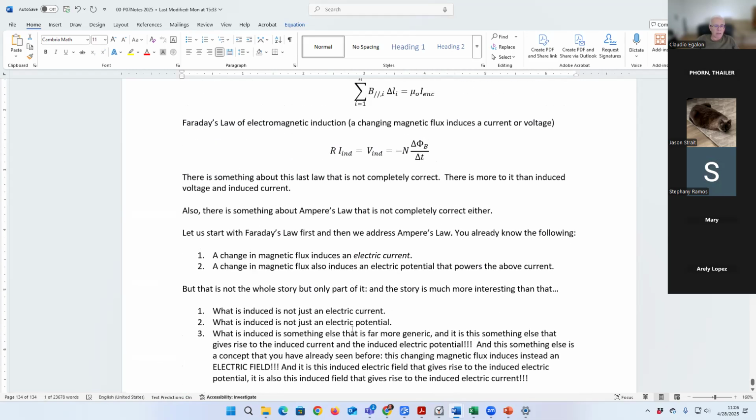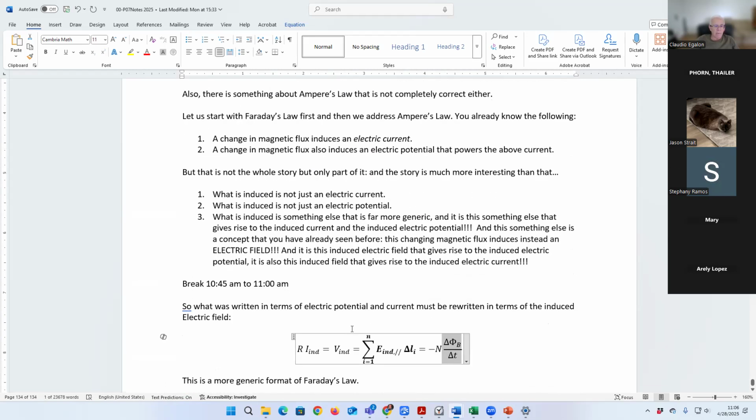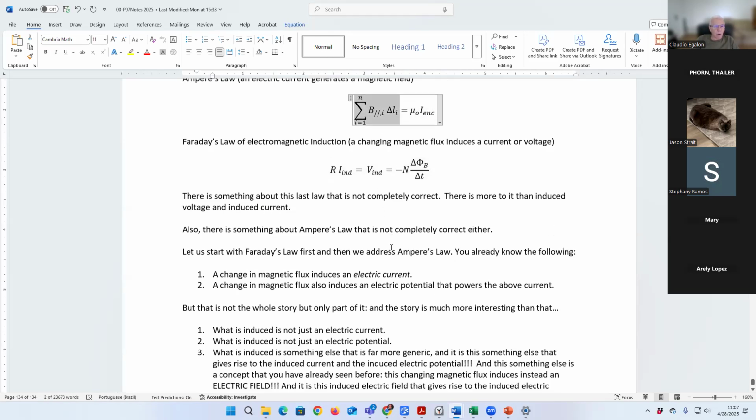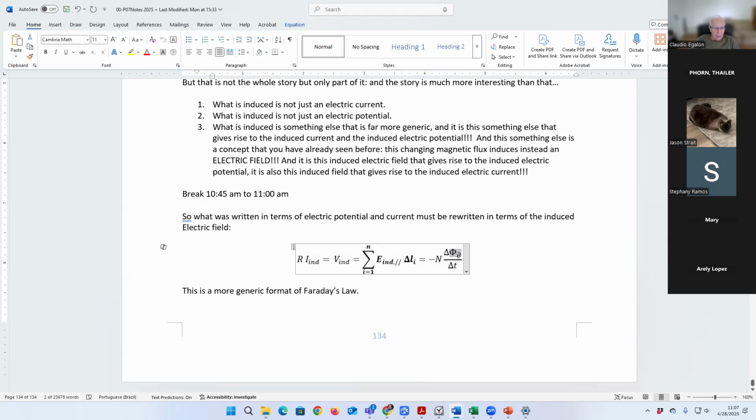The right-hand side is going to be a change in magnetic flux, whereas for the other one, we have an electric current. An electric current is creating this magnetic field in Ampere's law, whereas a change in magnetic flux is inducing an electric field. Delta L here is, like I said, for an imaginary path, an abstract path.